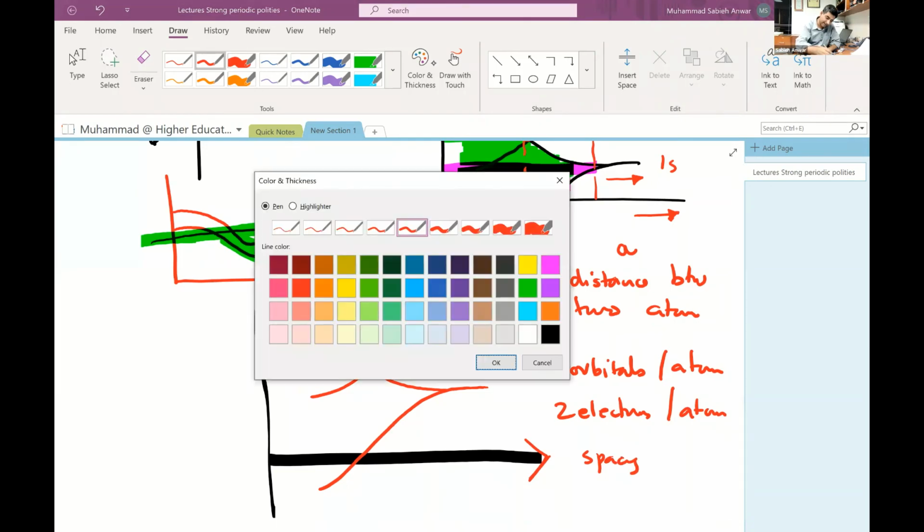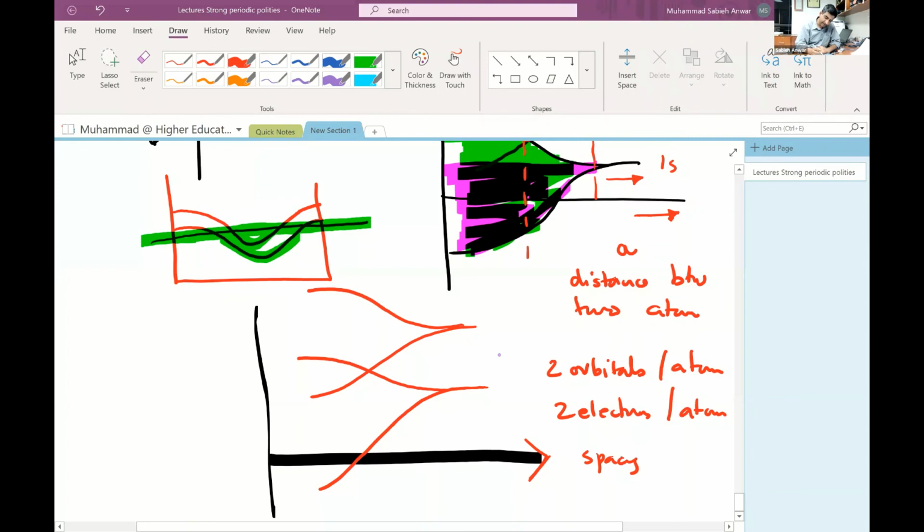And now what I get is, if I have two electrons per atom, then suppose my spacing is somewhat here, then this band will be completely filled. All right. So this material will behave as an insulator because the Fermi surface is at the edge of the band, and then there's the band gap between the next band.